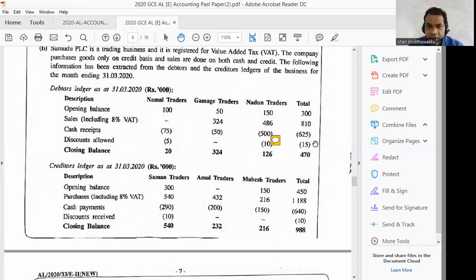Therefore, we can include these two total values separately in the debtors control account, because we normally enter total values in control accounts, but we apply the same concept that you apply for an individual customer. 625 is what you have received from all 3 customers. You can credit, because when you receive money, you debit the cash account and credit the debtors control account.